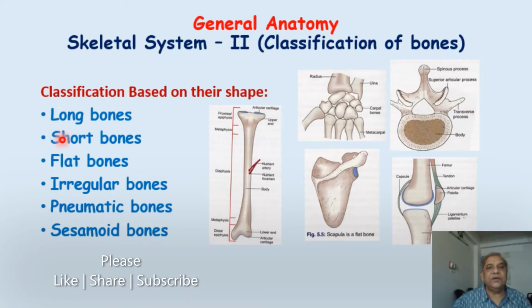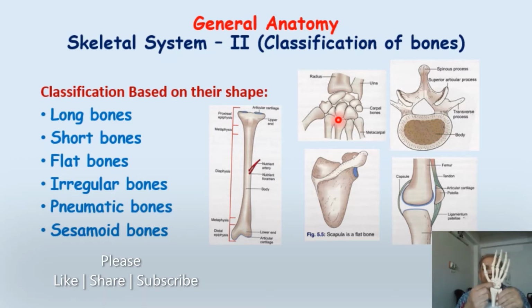Second, if we come to the short bones, short bones are small bones, and here you can see this short bone. These are in the skeleton of the hand, or they form the wrist area. See this. These small bones, if you can see these small bones, they are multiple. There are 8 bones, 8 small bones, and they are called the short bones, and they just articulate with each other.